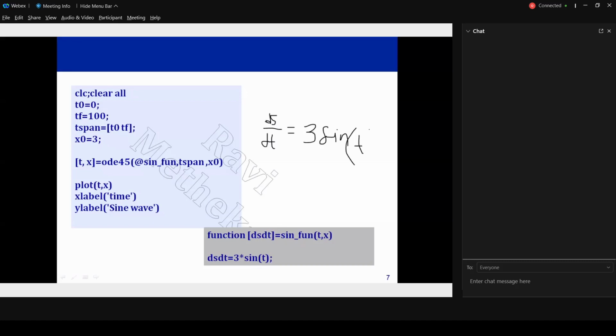This is my ODE, and s of 0 is equal to 3. So write the main file as it is. Here it is given, and then the function file is like this.